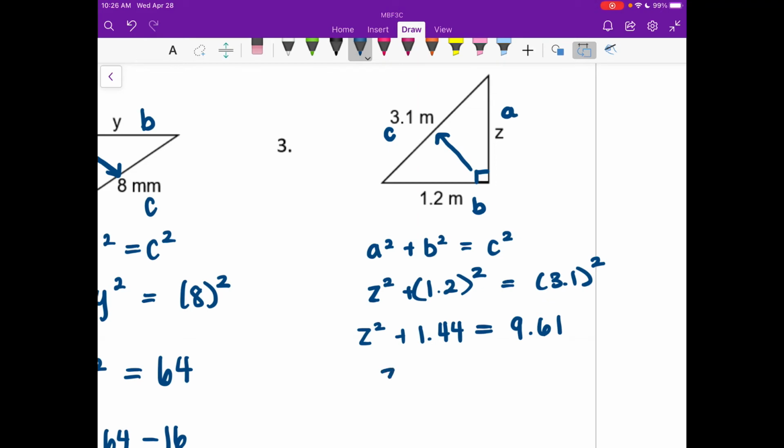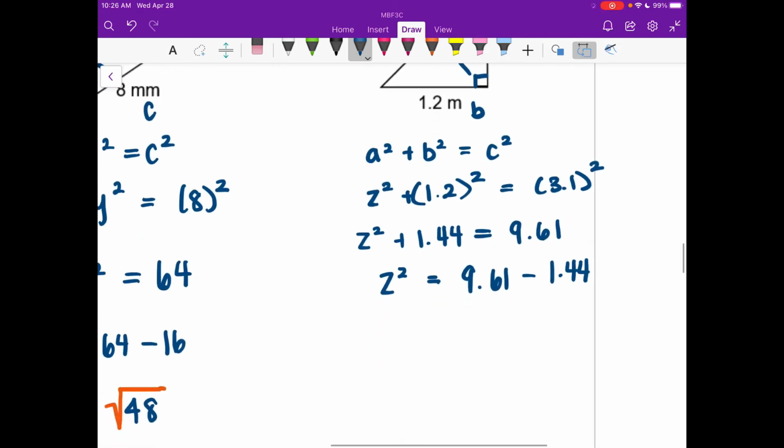Then I'm left with Z squared equals 9.61 minus 1.44, because I want to move the 1.44 to the other side. 9.61 minus 1.44 gives me 8.17.